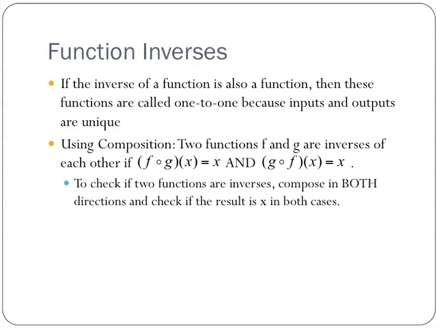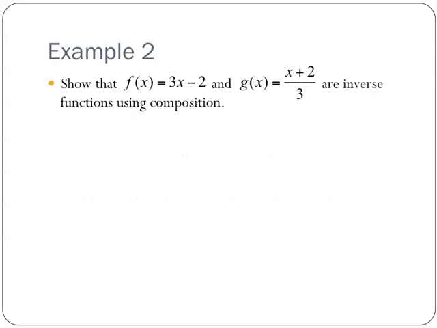Alright, so to check if two functions are inverses, compose in both directions and check if the result is x in both cases. Let's do example 2. Show that f of x equals 3x minus 2 and g of x equals (x plus 2) over 3 are inverse functions using composition. So we are going to compose the two functions in both directions and show that it is equal to x at the end.